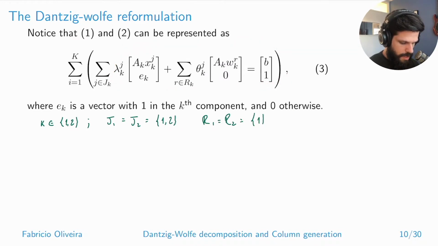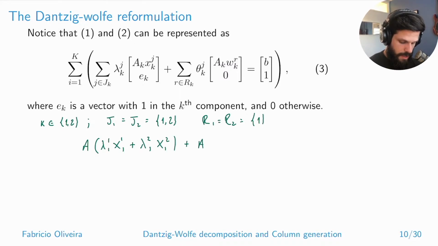You have A that multiplies lambda 1,1 times x1, plus lambda 1,2, I forgot the x1, lambda 2 subproblem 1 x subproblem 1,2, and so on. This is going to become a bit messy.